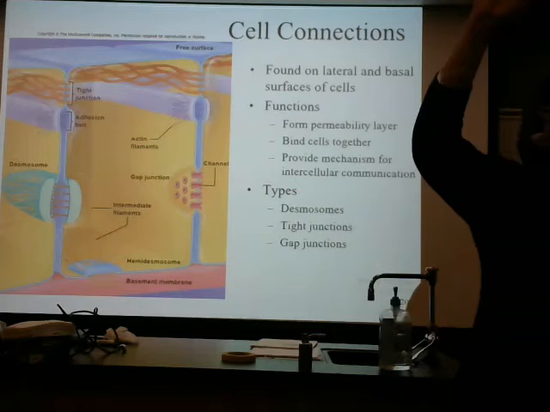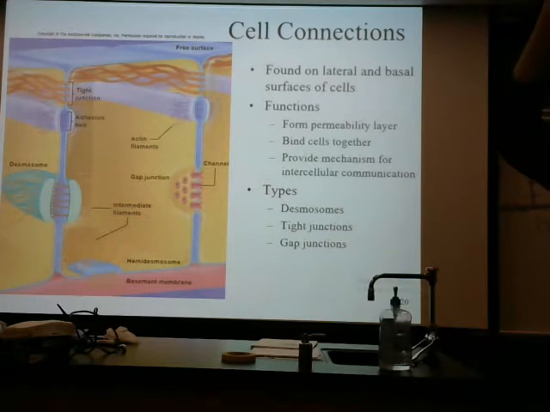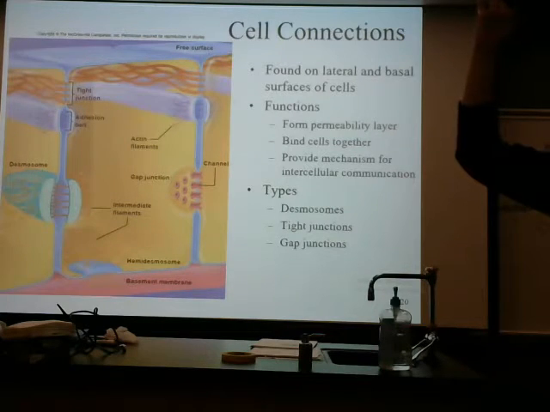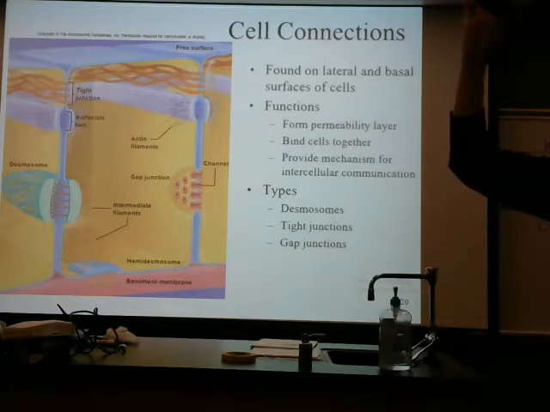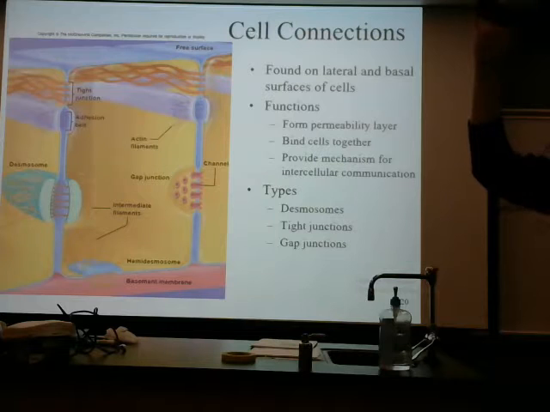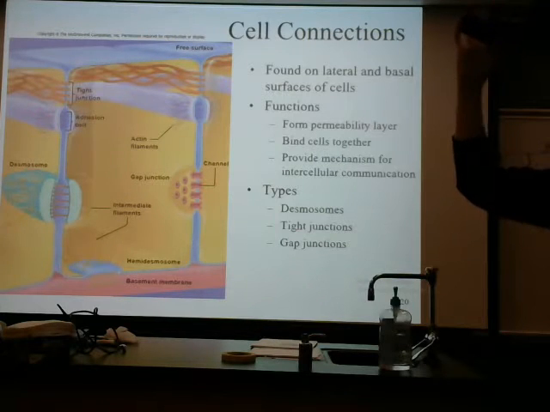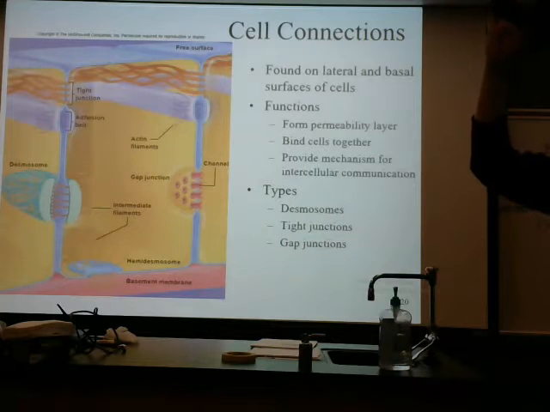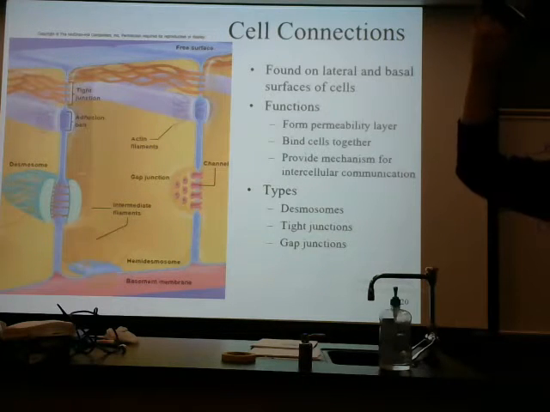Let's pretend this is a blood vessel. Think about an artery or a vein. The cells that you're going to find at a certain level are going to be epithelial. They are going to be simple squamous cells.